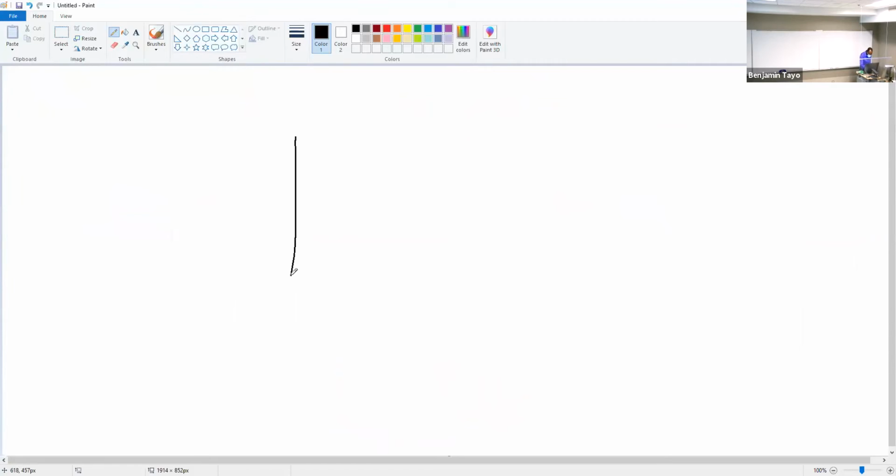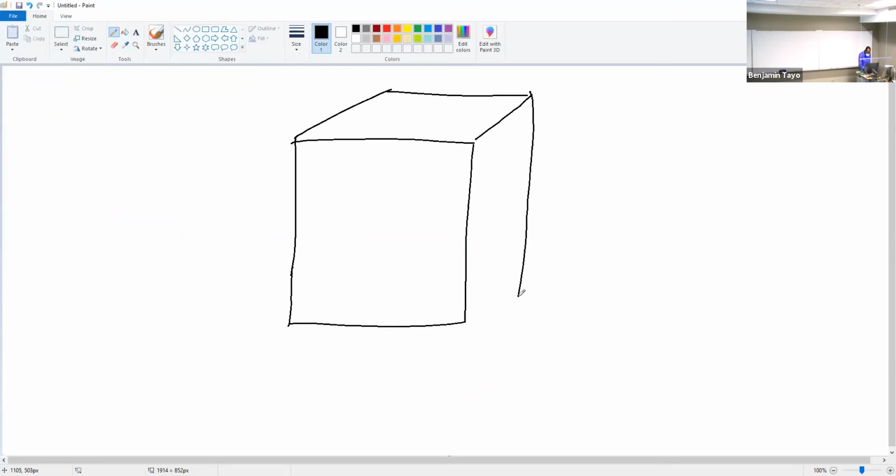Let's look at this box here, and this is just the final example before we get into my PowerPoint. So this is a box, right? And suppose that we have an electric field that is pointing like this.